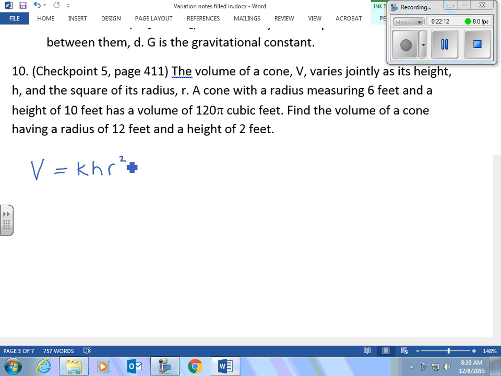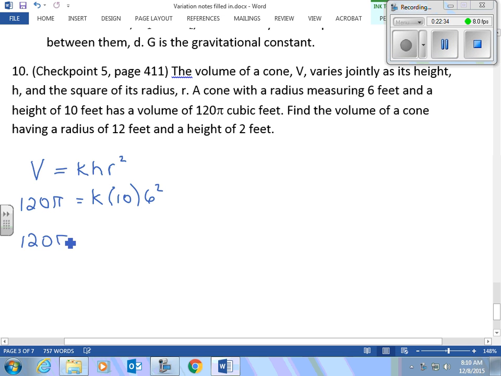So now we're given all of the details about one cone. So it has a volume of 120 pi, and its height is 10 feet, and its radius is 6 feet. So 120 pi equals 36 times 10 is 360, times K. So K is equal to 120 pi divided by 360, or 1/3 pi.